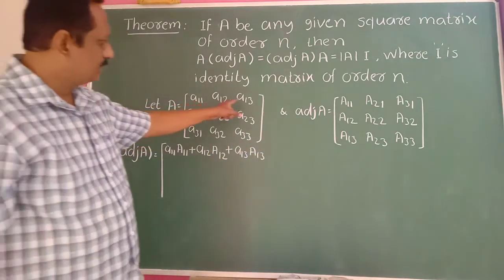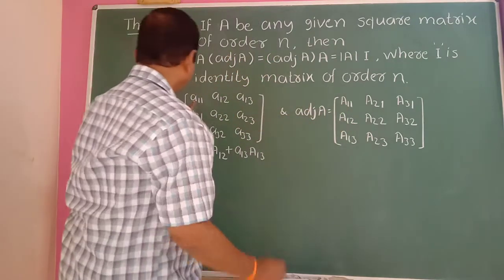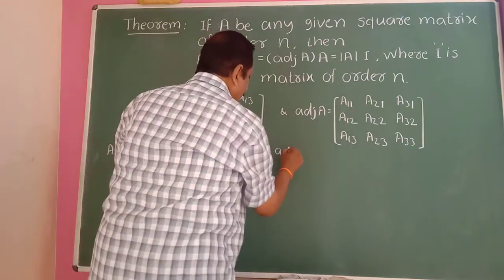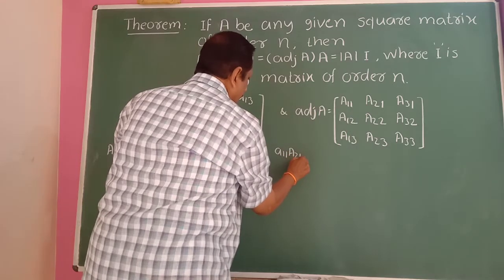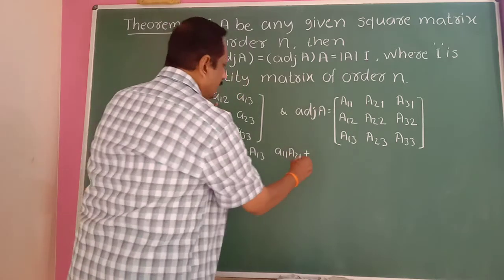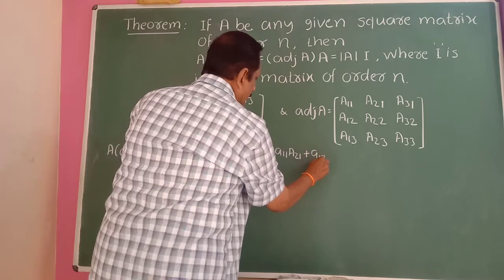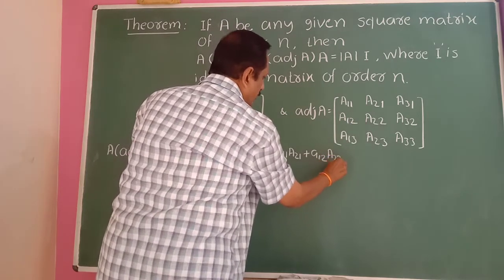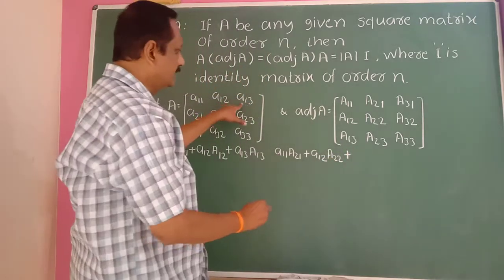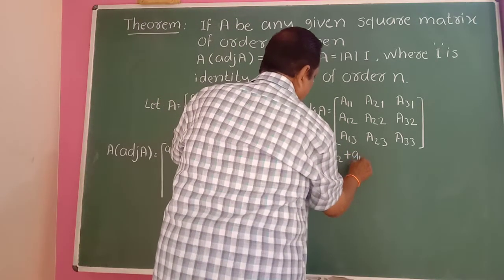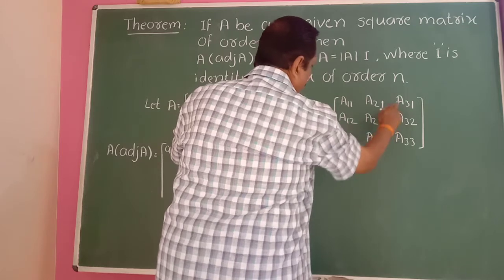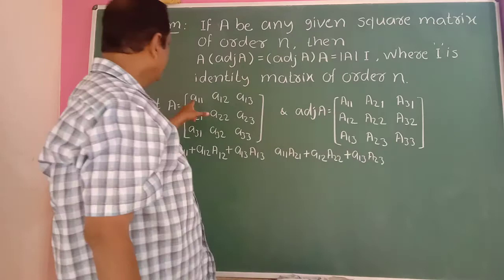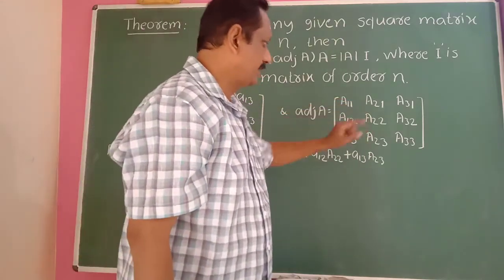Then multiply this row with the second column: A11 into A21 plus A12 into A22 plus A13 into capital A23.